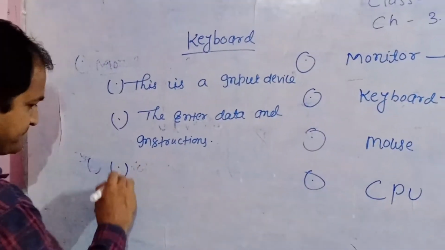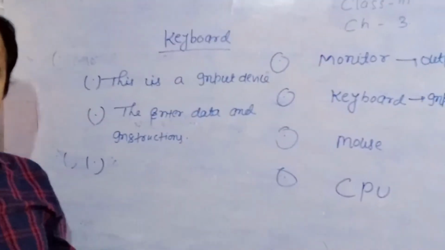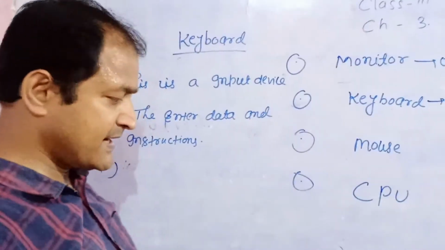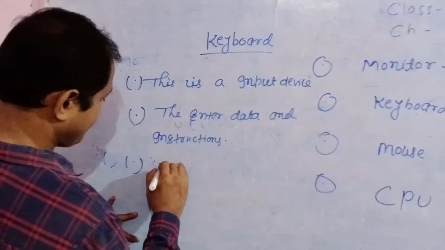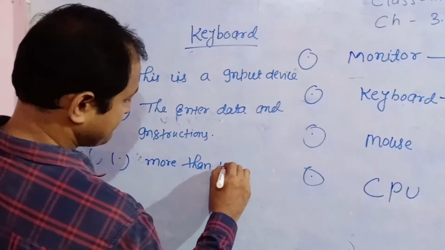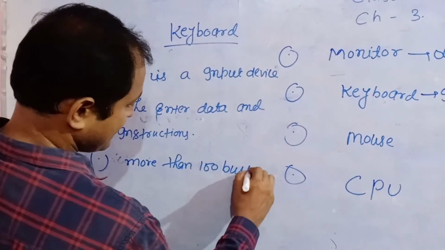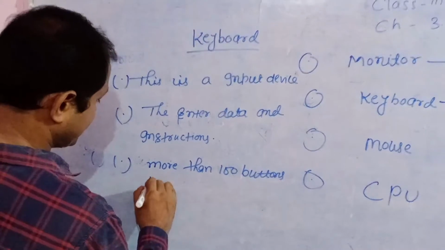Third point, there are 100 keys on the keyboard. There are more than 100 buttons present on it.